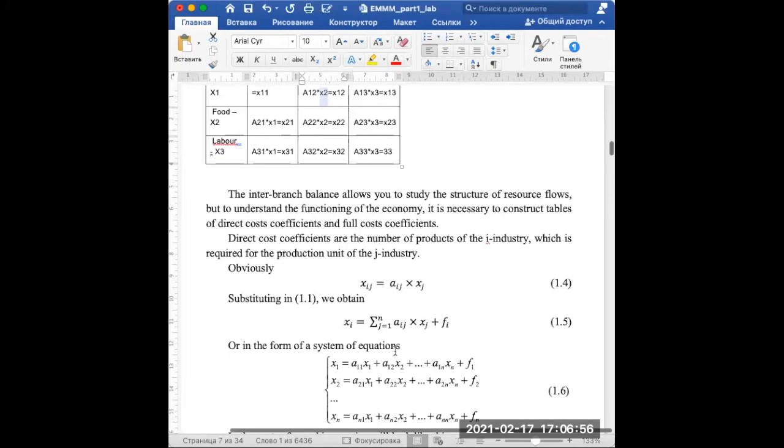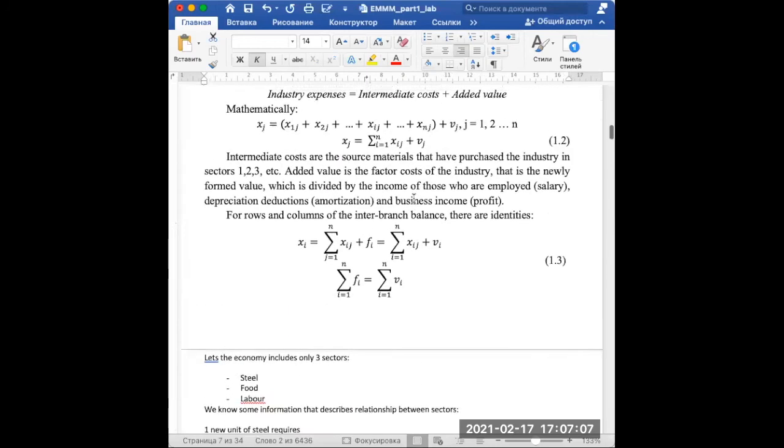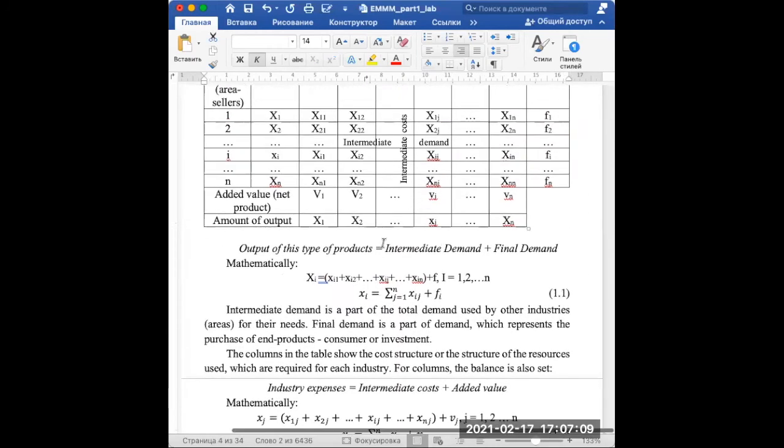So go next. If you know these formulas, if you understand these formulas, you can put these formulas into our first formulas where we describe our outputs from the demand point of view.